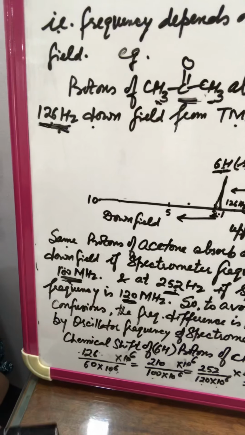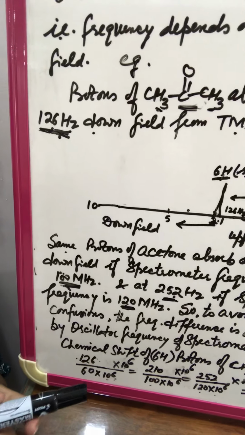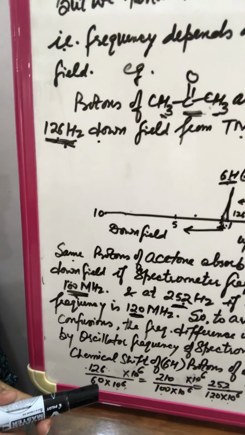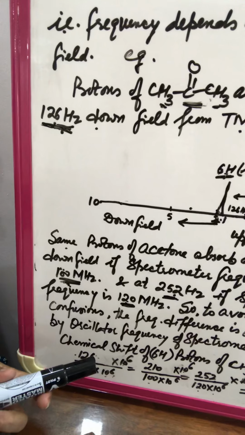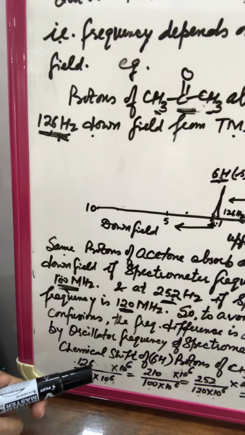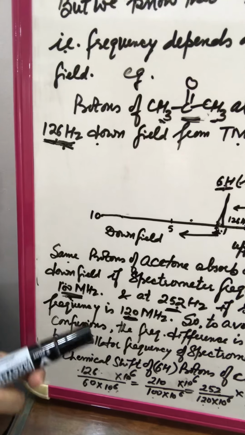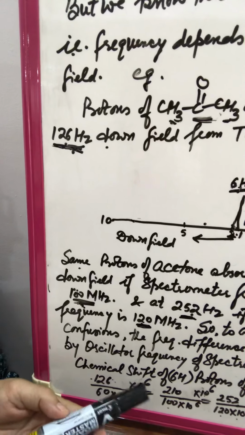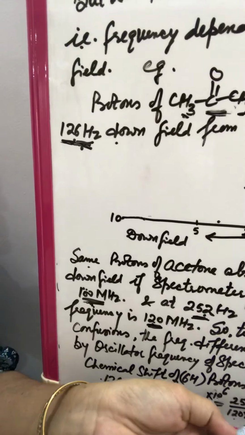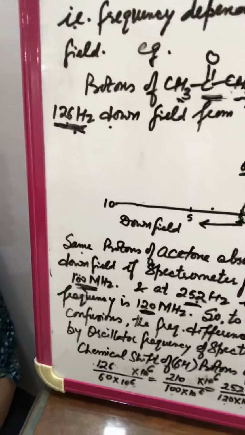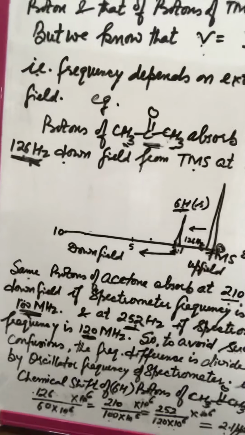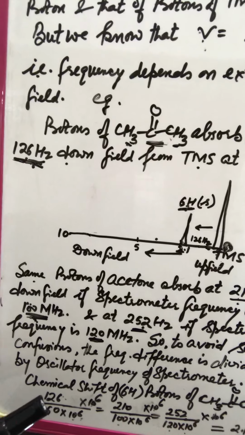Every time when you divide, the value will come out to be 2.1 into 10 raised to power minus 6. Now in order to avoid this, every time we'll have to write 10 raised to power minus 6 with every value. So we have multiplied each time with 10 raised to power 6. So now the value comes out to be 2.1 into 10 with no powers.